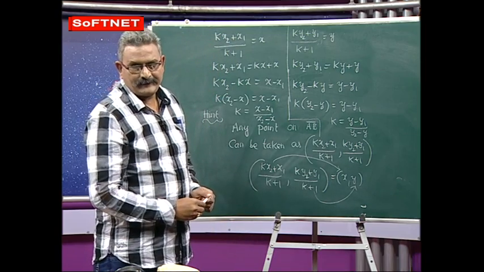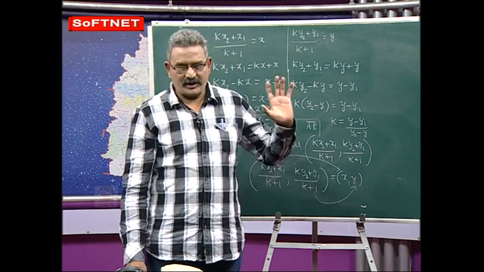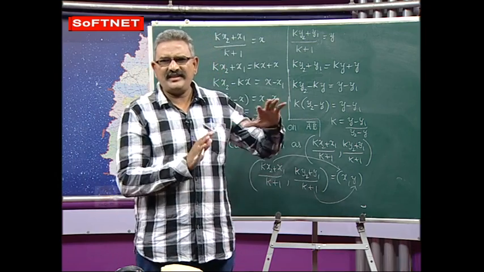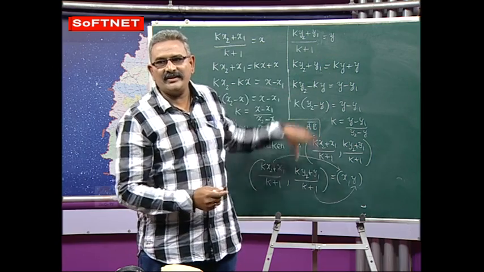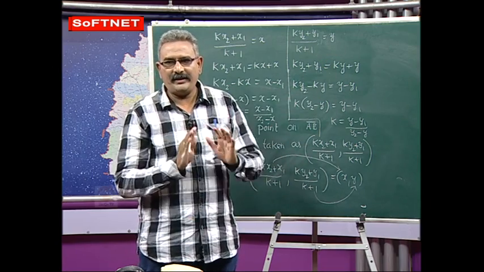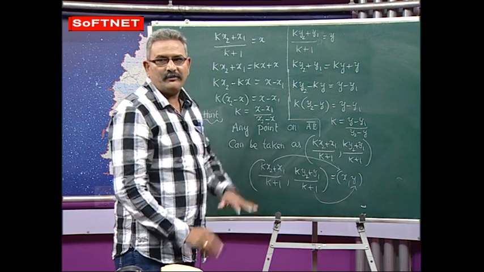Understood? Okay. Now, I will generalize this one. So, this is the generalization method, but you need not do all these lengthy steps. So, better you confine to these two itself only. This one we have to remember as a formula.